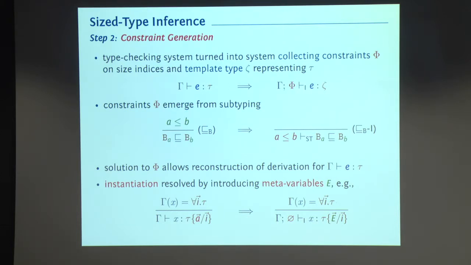We overcome this problem by postponing it to the solving stage. So in this constraint generation step, whenever we substitute a size expression for a bound size variable, we just introduce a meta variable e that acts as a placeholder.